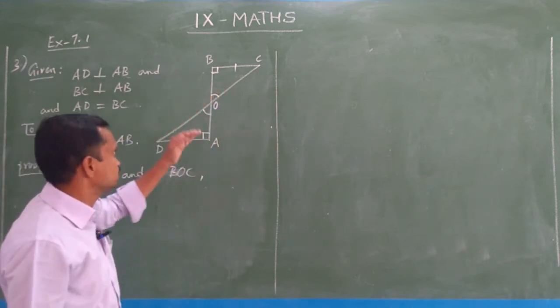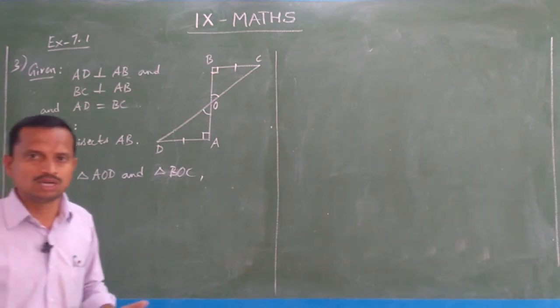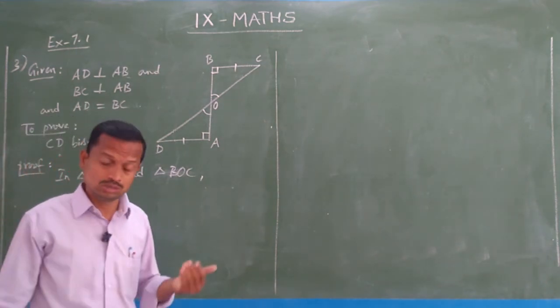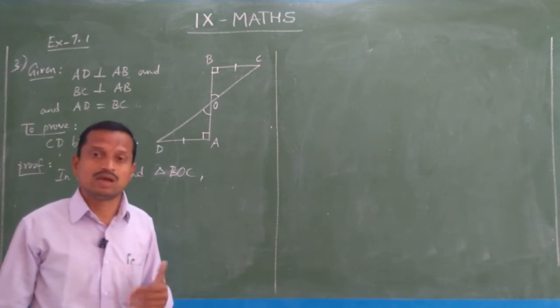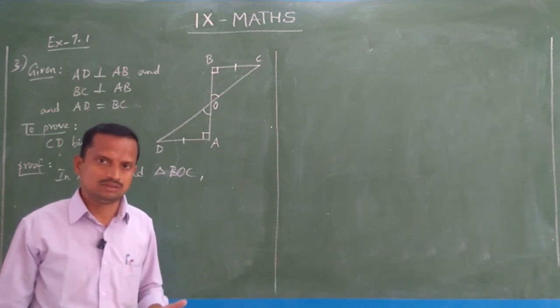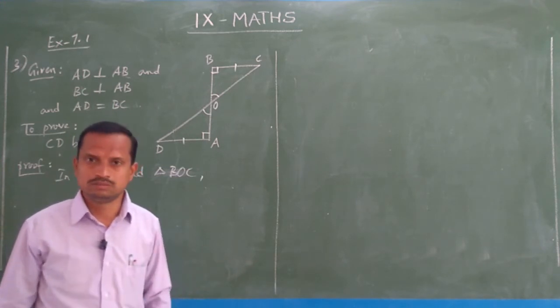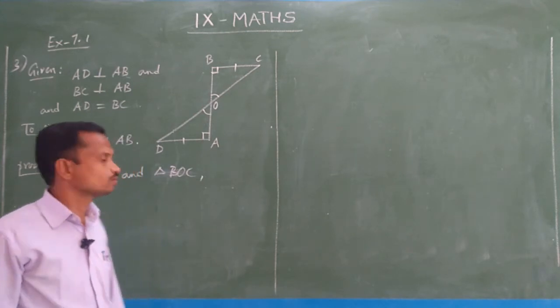Two lines intersect, so vertically opposite angles are equal. These are the old concepts you learned in the earlier classes. We have to use that also. Lines and angles chapter, no? That is the corresponding pair of angles formed when a transversal intersects parallel lines. That also we have to use, not here, in others. So that concept we should keep in mind.